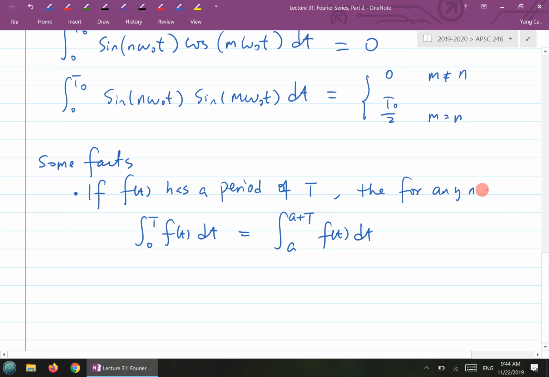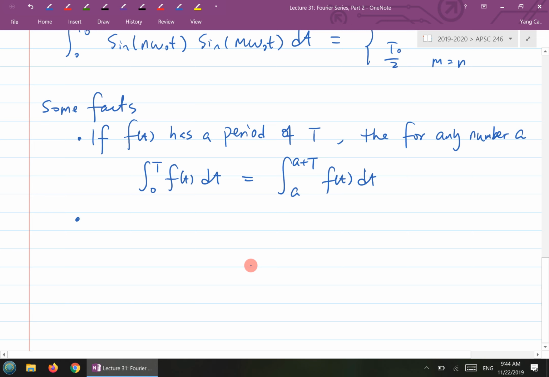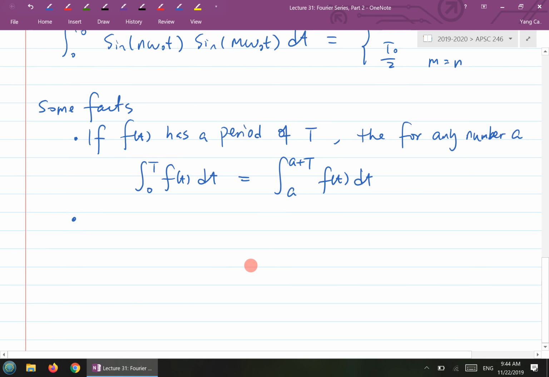That's a nature of periodic functions. So this is a fact that can be useful.